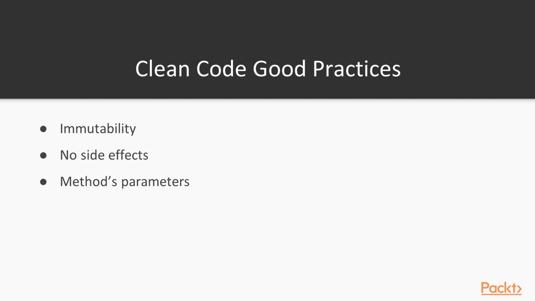Method parameters. So it's very disappointing when you're calling a method and you have to pass a lot of parameters, like dozens of parameters. One way to fix that is instead of passing parameters, you could pass an object.